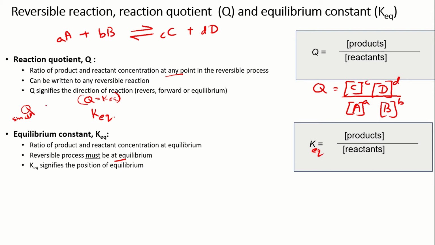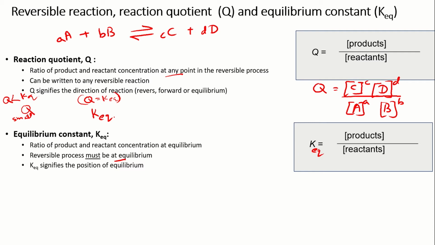If you write this expression for q, the ratio between products and reactants, and this ratio is smaller than KEQ, that is the situation where Q is smaller than KEQ.